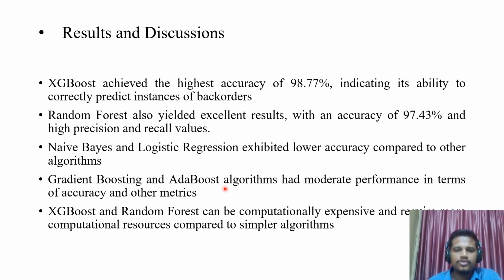Gradient Boost and AdaBoost algorithms had moderate performance, but the only downside of XGBoost and Random Forest is that they are computationally expensive and we need good resources. By good resources, I mean good computers with high processing power to build models using the dataset.